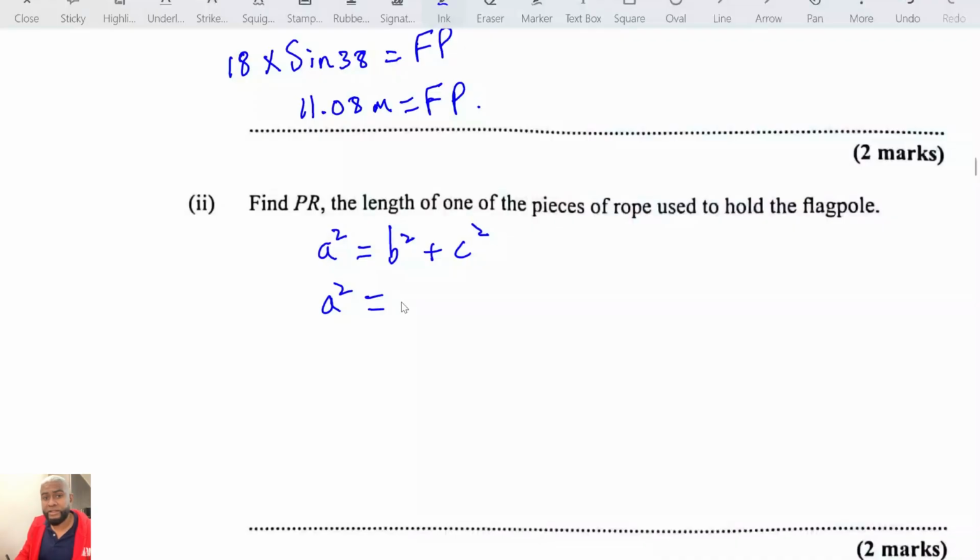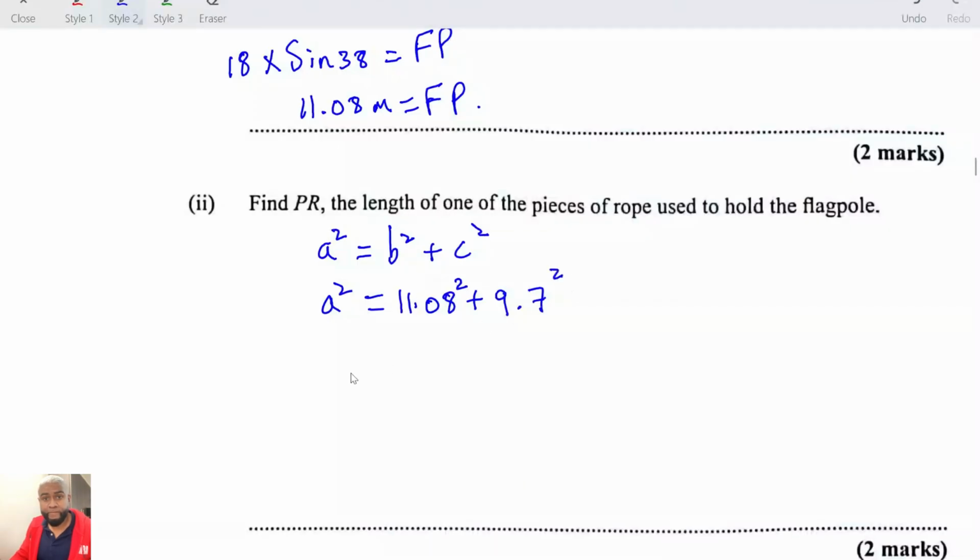A squared is equal to, what did we say B was? It doesn't matter, B and C could be either. 11.08 squared plus 9.7 squared. Remember, if we want to find A, we need to find the square root of whatever we get when we add that.